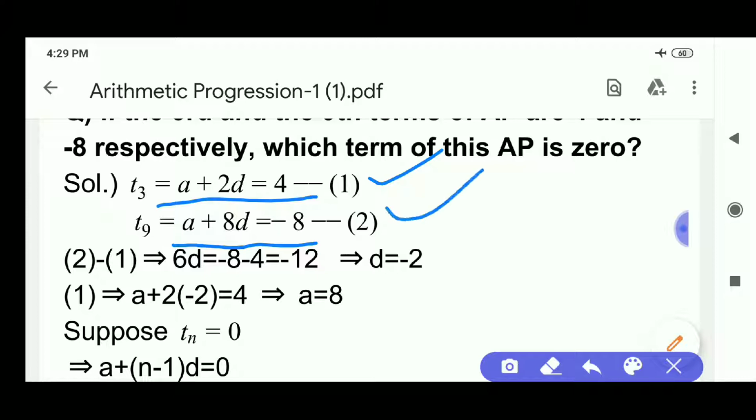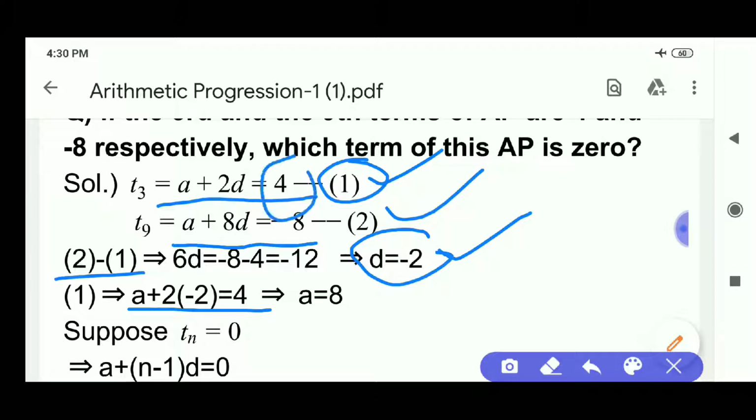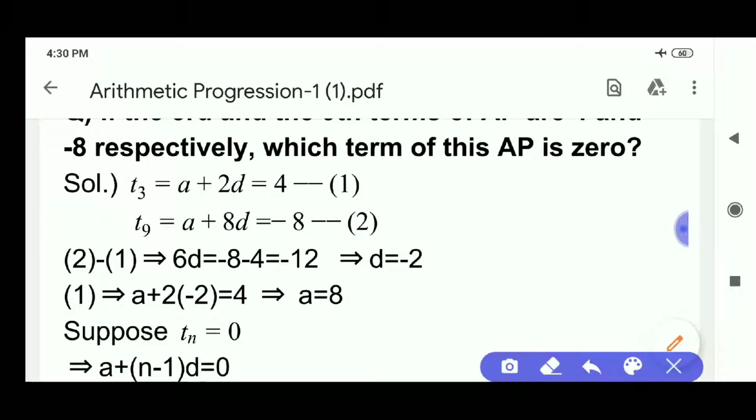Take it as equation number 2. Second equation minus first equation. By simplification we get d as minus 2. Substitute the d value in the first equation: a plus 2 into minus 2 is 4. So a is 8. We know a and d.